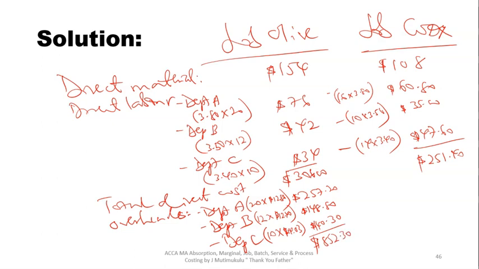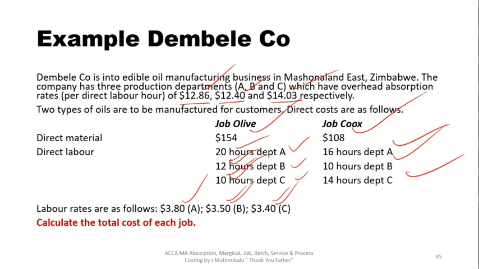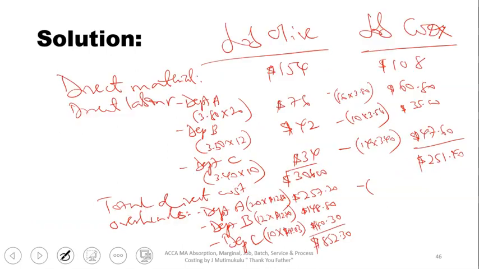We go to this other job and we do the same for department A. For department A, they worked 16 hours for job cooks, and the rate is $12.86. So 16 multiplied by 12.86 gives us 205.76.